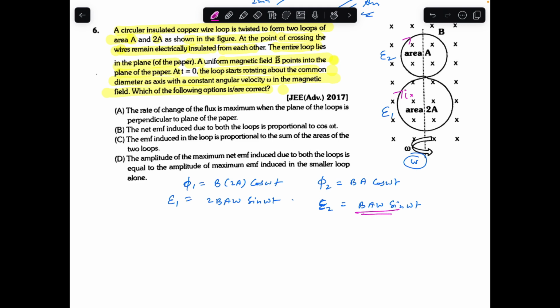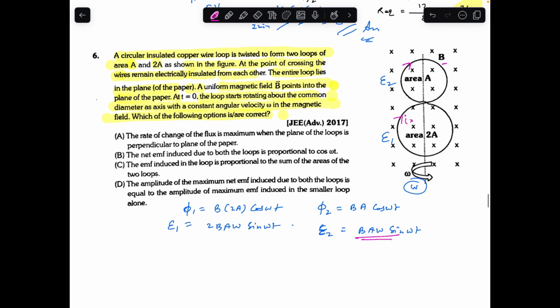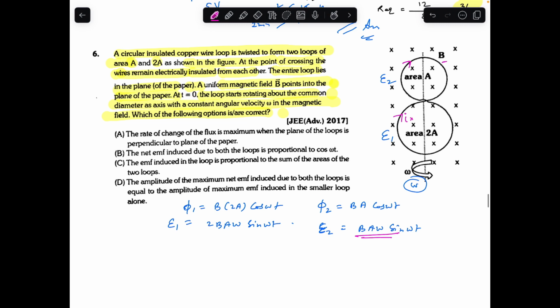It will generate an AC source. So the initial direction of current is like this. I'm considering this is loop 2, this is loop 1. So current in loop 2 will tend to oppose current in loop 1.